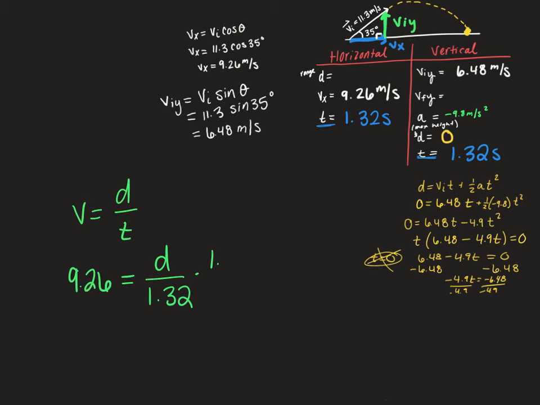So we'll multiply both sides by 1.32. That cancels there, and then we multiply those together to get d equal to 12.25 meters.